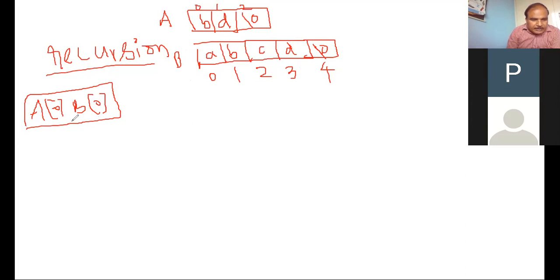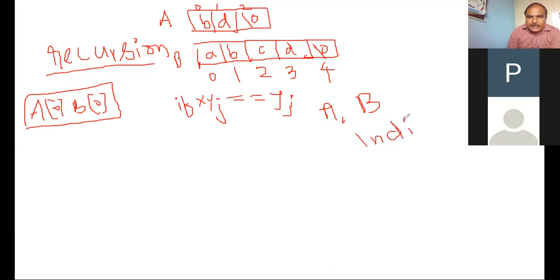I've just read the condition: if X[i] is equal to Y[j], you have to increment both the A index and the B index. Otherwise, in the else case, you have to increment only the index of B. Let us see this.